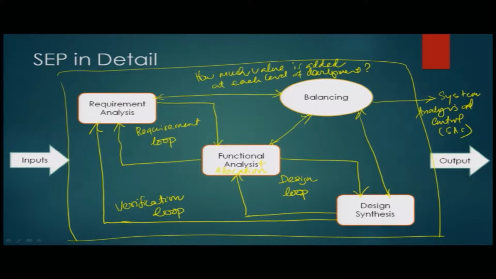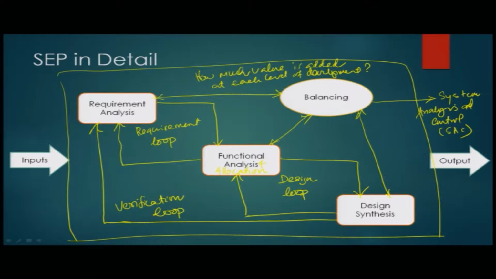This balancing activity asks the fundamental question, how much value is being added, and if there is no value being added, it is just a futile discussion, ignore it, we do not want to go back or do it. But if it is something that is worth doing, okay, let us repeat doing this. So, this balancing activity is also an integral part of what we call the systems engineering process.